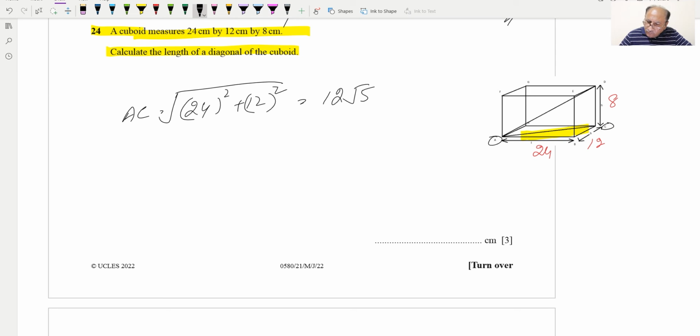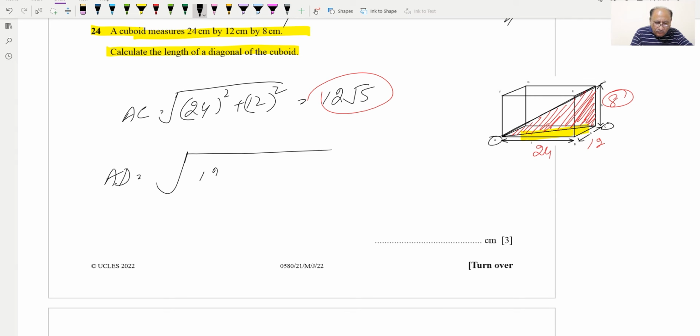So 12 root 5. Now we can consider this triangle, and in this triangle we have one side as 8, and the other side we found, which is 12 root 5. So we can find the diagonal which is AD. AD will be equal to the square root of (12 root 5) squared plus 8 squared.